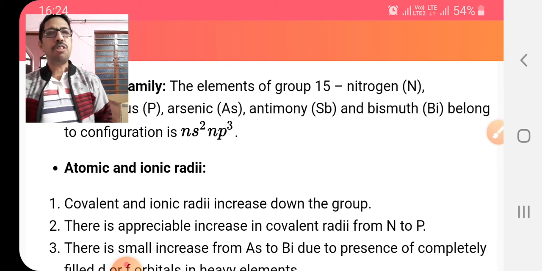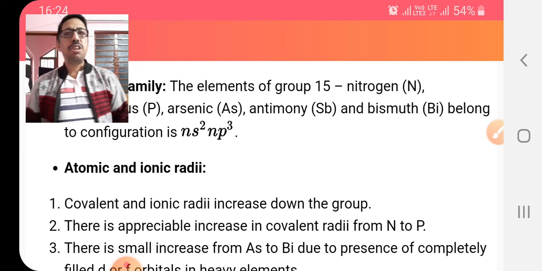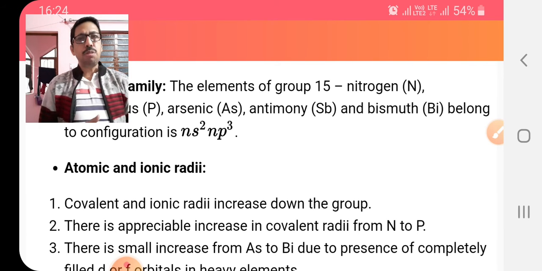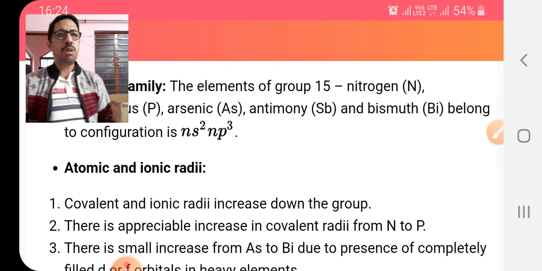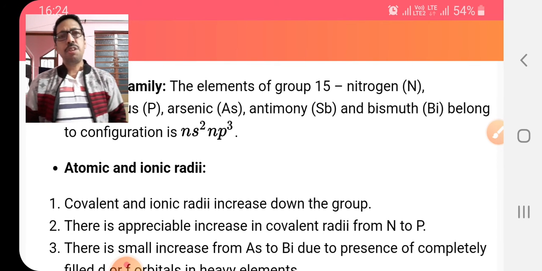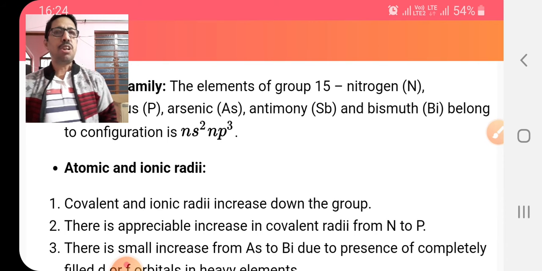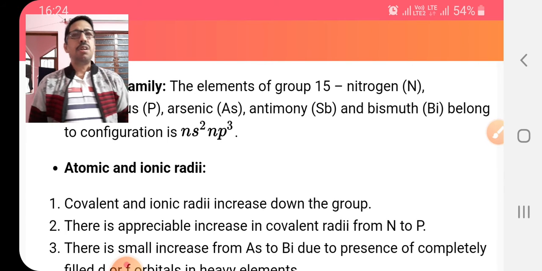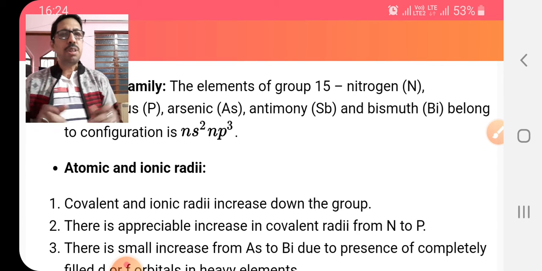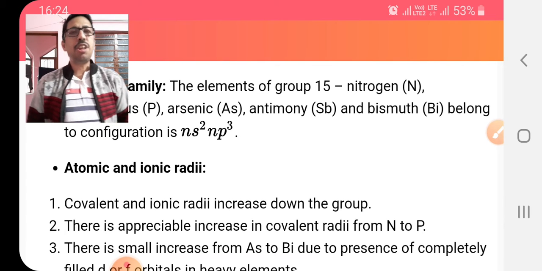The answer is very simple. You have gone through the concept of shielding effect and effective nuclear charge. As we move down the group, the atomic number goes on increasing, and with the increase in atomic number, the core electrons also go on increasing, but the valence electrons remain the same.